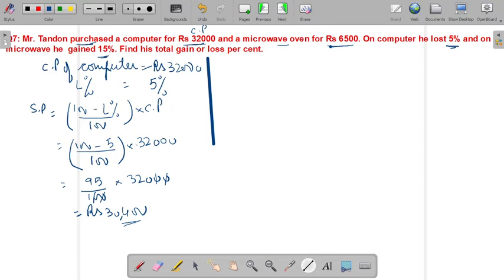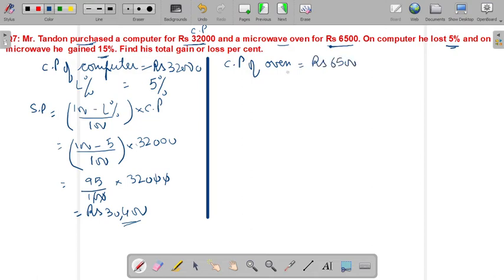Now we will find out the selling price of microwave. So cost price of oven equals rupees 6,500. Gain, here it is gain. Gain or profit percent is given, 15%. Now we will solve it.